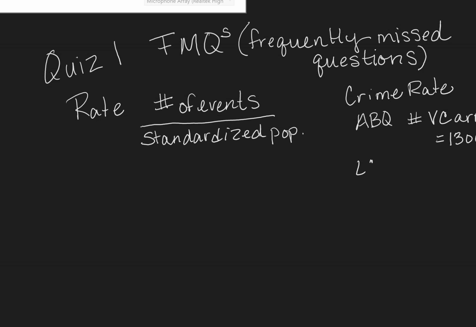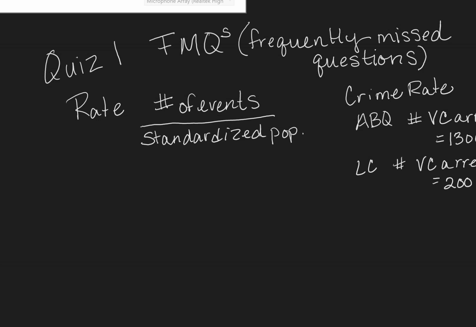And in Las Cruces, the number of violent crime arrests is 200. It certainly looks like Las Cruces has a much lower amount of violent crime arrests than Albuquerque. But that's not really a fair comparison, is it?